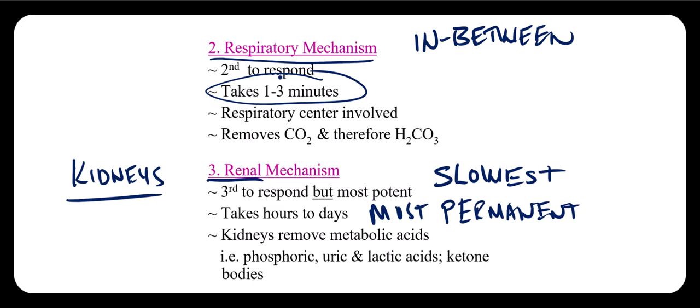If I can get the extra acid in a form that I can exhale, which is carbon dioxide, and we'll talk about how I'm getting from acid to carbon dioxide in a minute, then I've exhaled it, it's gone. But it's very equilibrium based in terms of getting it in the form of carbon dioxide. I can very easily go back and get more hydrogen ion. So that's why I'm in between, both in terms of time and permanence.